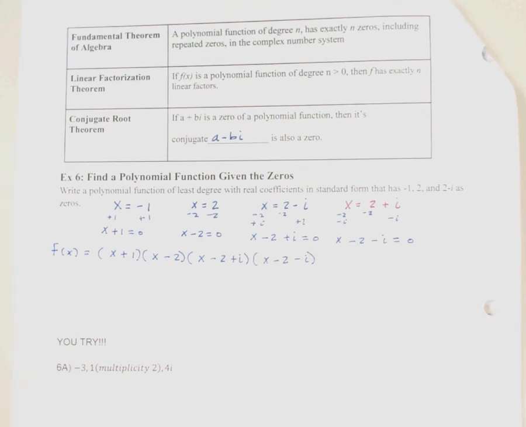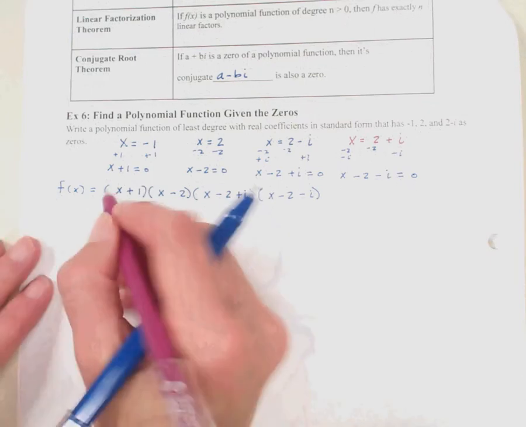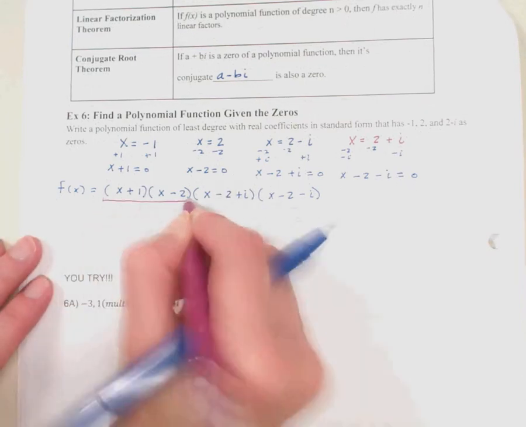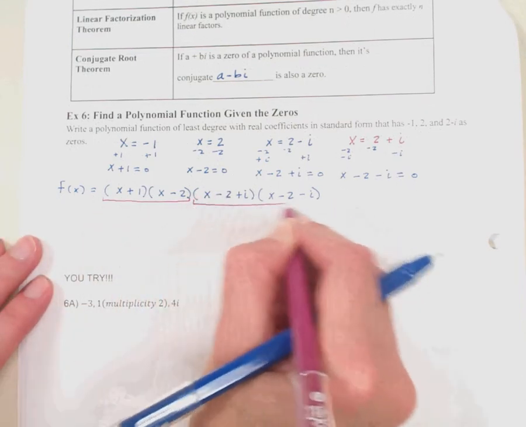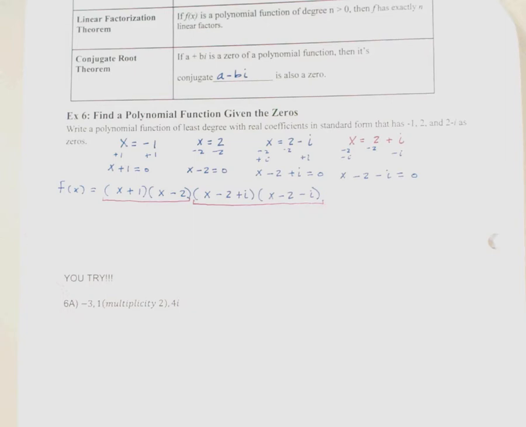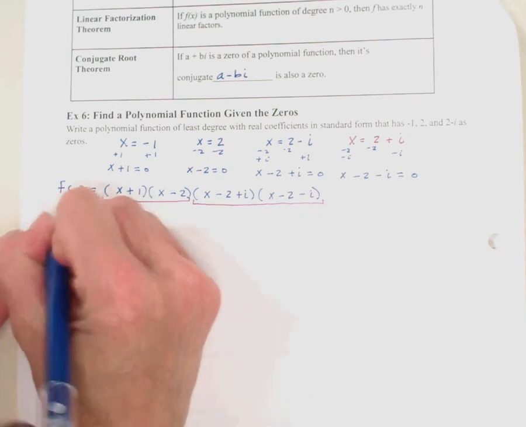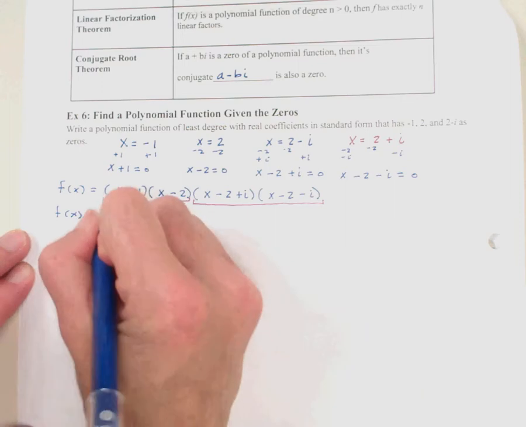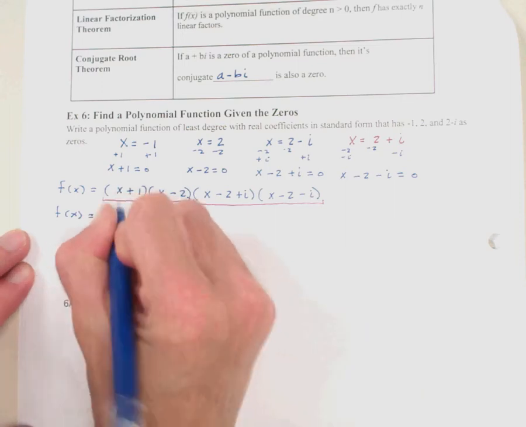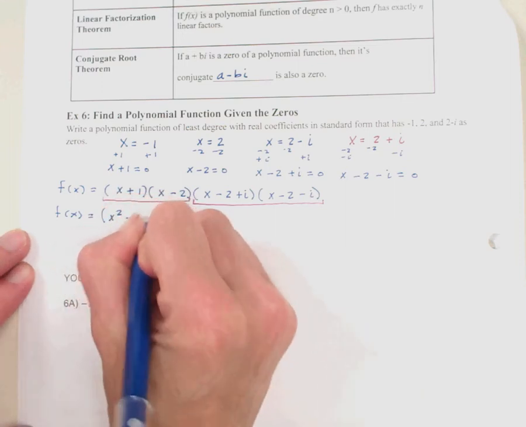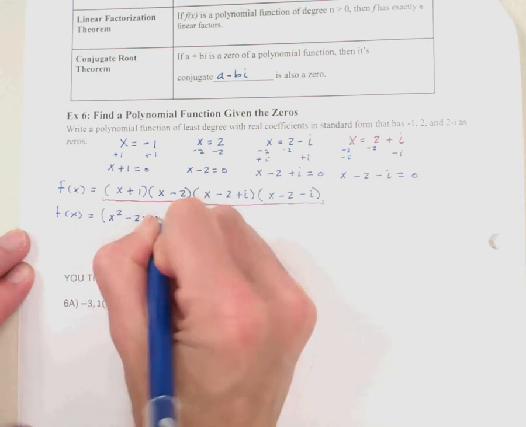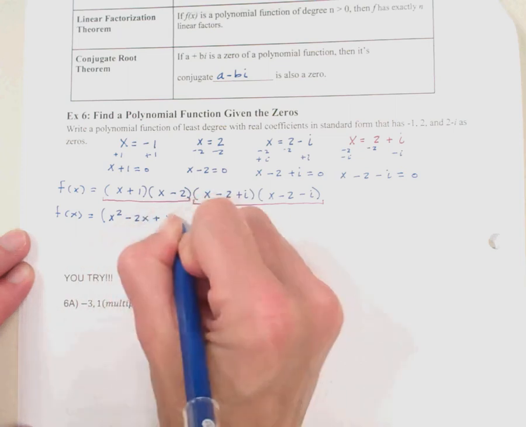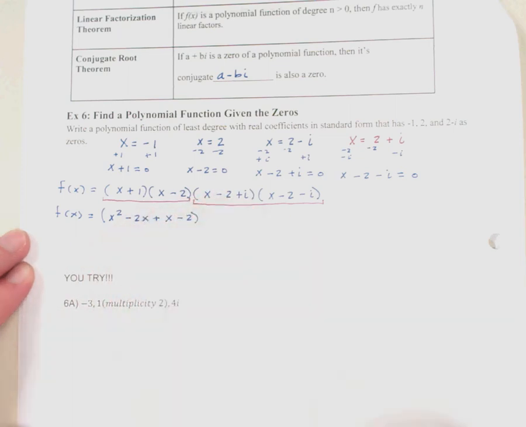Now, I need to go through and FOIL. I'm going to FOIL the 2 binomials together, and I'm going to FOIL my complex factors together as well. So starting with the binomials, x times x is x squared, x times -2 is -2x, 1 times x is x, and 1 times -2 is -2.